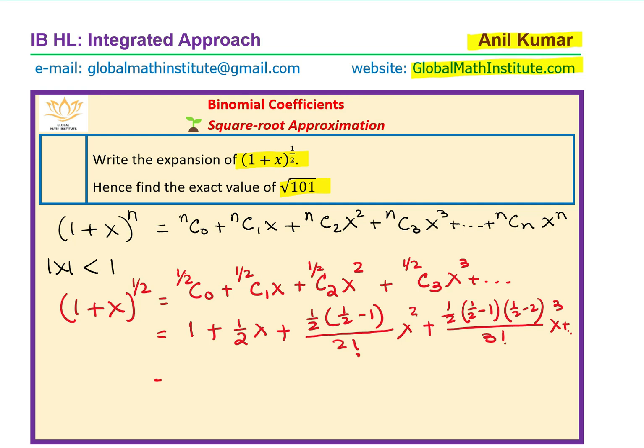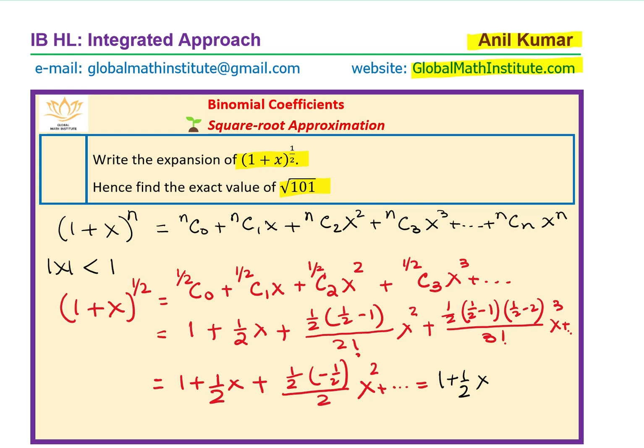So we get this expansion as 1 plus half x plus half times (half minus 1), which is basically half times minus half, over 2 factorial, which is 2, x squared, plus other terms which we are neglecting. So let me rewrite this as 1 plus half x.